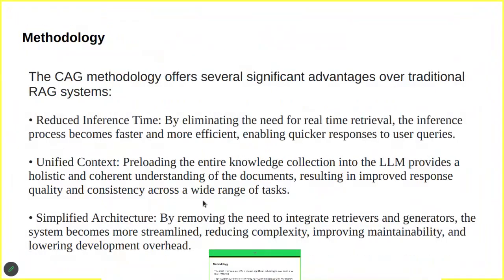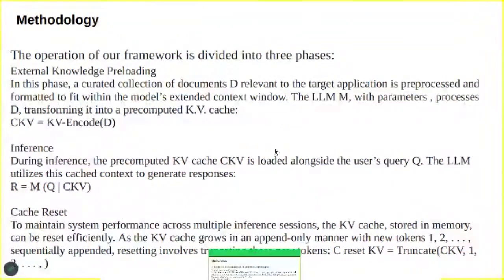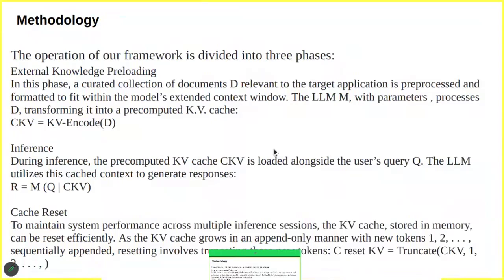Cache reset is where, to maintain system performance across multiple inference sessions, whereby there are a lot of queries and responses, whereby someone is asking ChatGPT or DeepSeek a lot of questions, we have to maintain the system. So we eliminate the truncated tokens that have just been input so that we can maintain a system that is efficient.